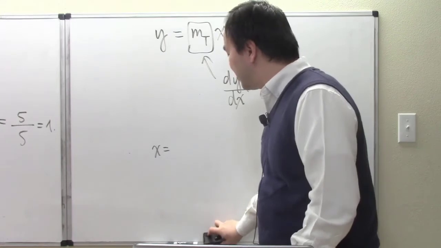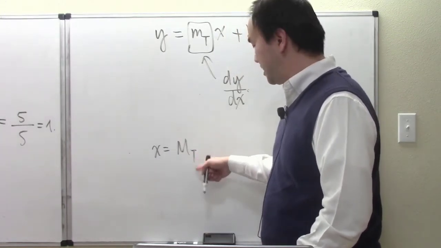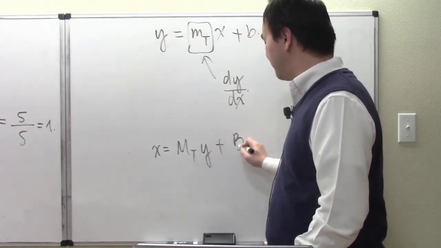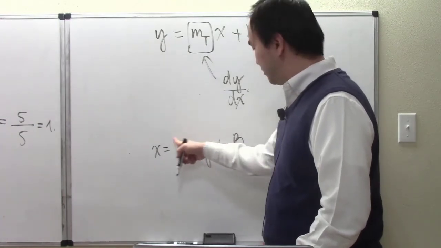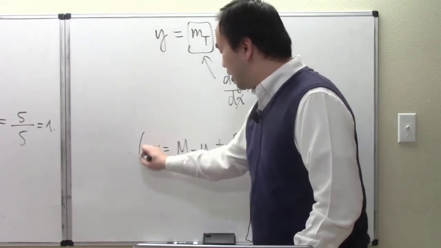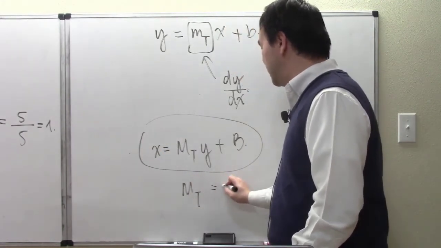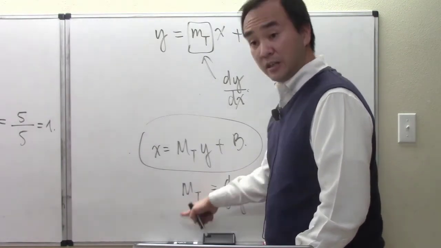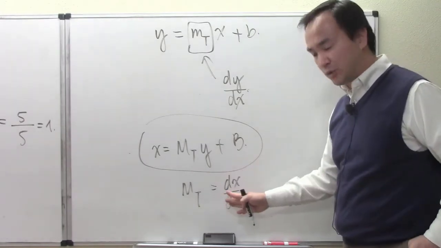So here I can also come up with big M_t, t is always for tangent, so big M y plus b right here. It's another slope-intercept form, but completely expressing x as a function of y. We would go with this route if we calculated our slope as dx/dy. But in our case here, I did not go that way.